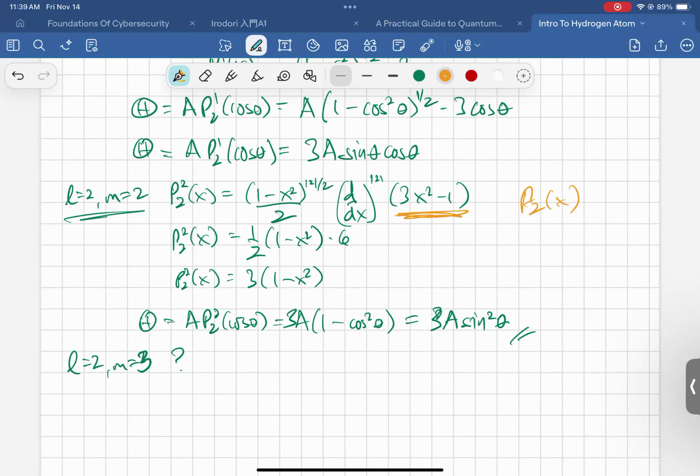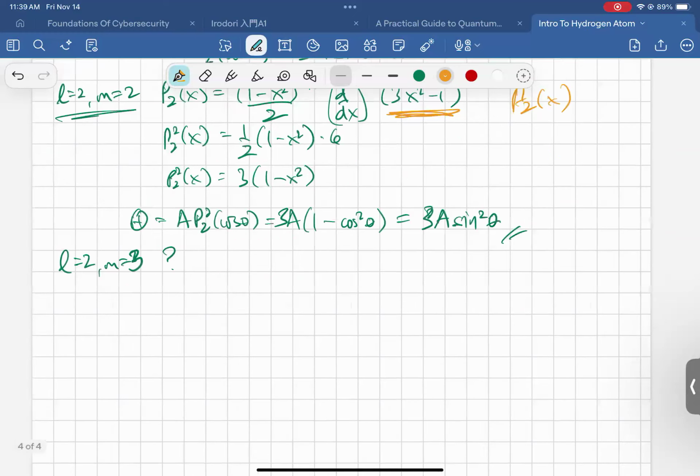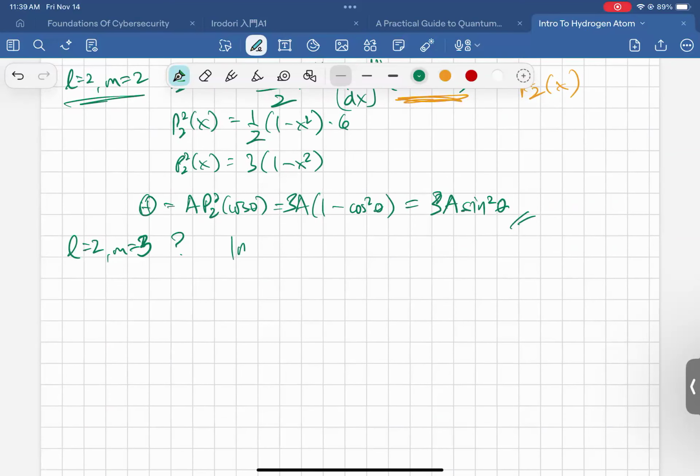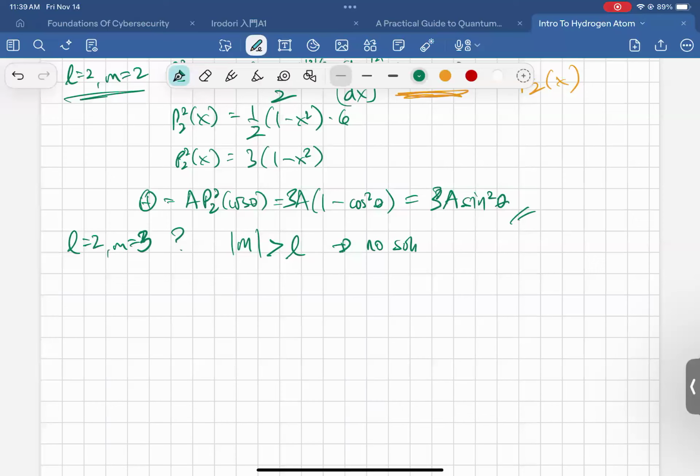Okay, and regardless kung ano yung value ng L na nilalagay nyo dyan, yung M will not exceed yung value ng L. So meron tayong condition ngayon that M, the absolute value of M, ay walang solution if it is greater than L.